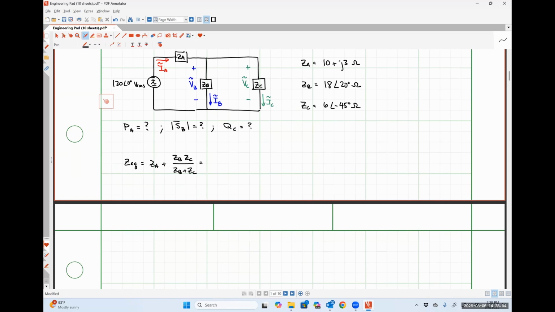So let's see. 10 plus 3i, I'm going to store that as A. 18 angle 20, store that as B. 6 angle minus 45, store that as C. And then I'm going to have A plus B times C over B plus C.